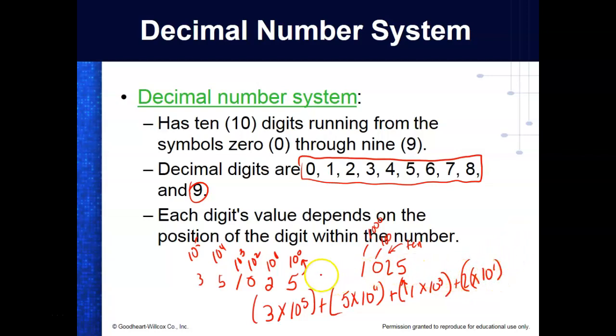Did I skip one? I skipped the second one over here somewhere. Oh, it's a 0 anyway. It doesn't make any difference. 5 times 10 to the 0. Now follow me so far. I just skipped 2, but it's a 0 anyway. So if I did this and added them all together, I would get this number right there. Okay, y'all understand that? So this is the way all numbering systems work, I don't care what it is.